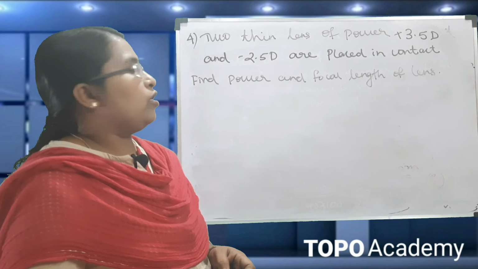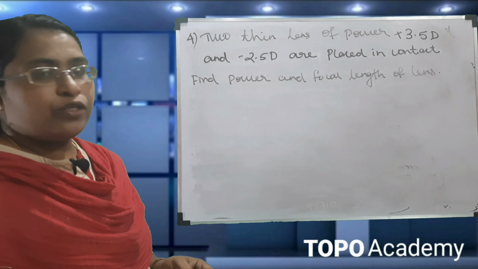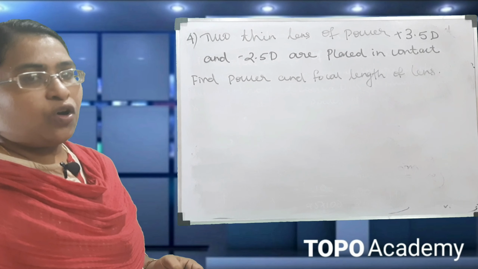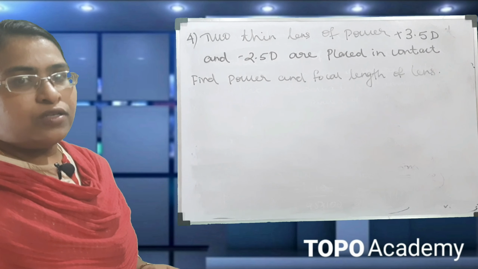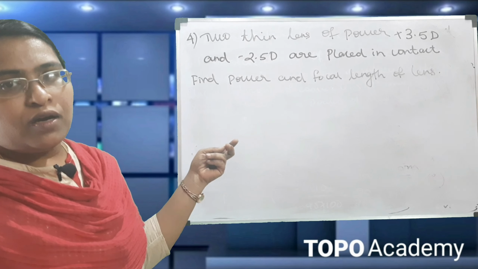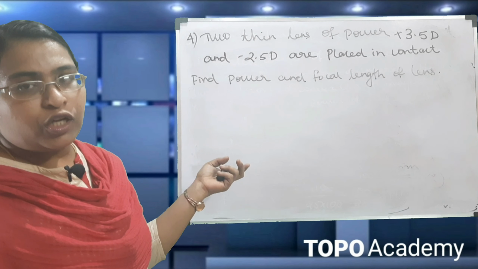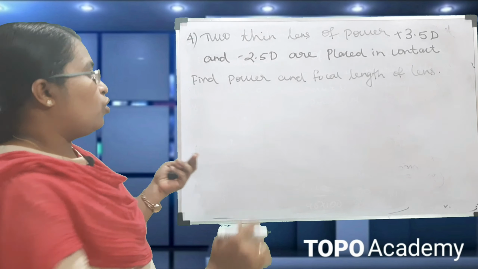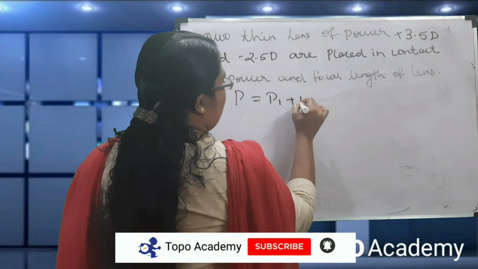So next question. Two thin lenses of power plus 3.5 diopter and minus 2.5 diopter are placed in contact. Find the power and focal length of the lens. So here we have to use the combination. Here the two lenses are in contact with each other, so we use the formula P is equal to P1 plus P2.